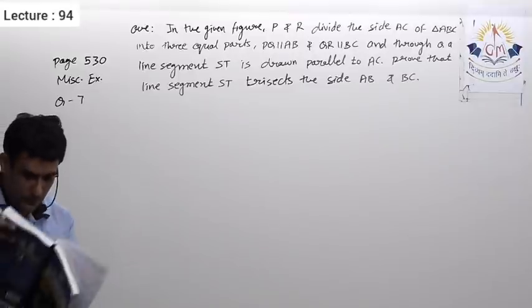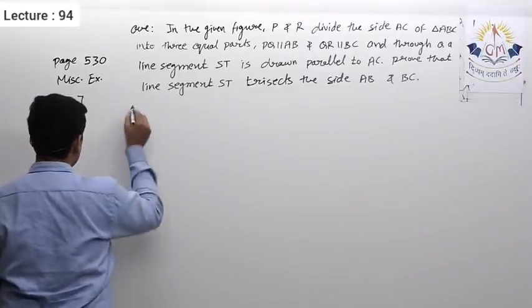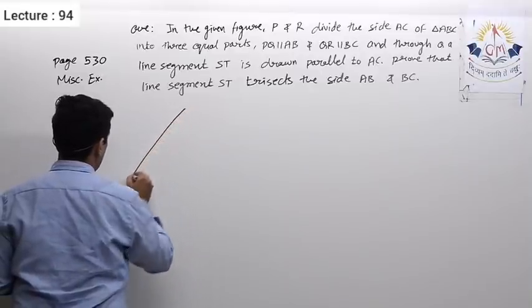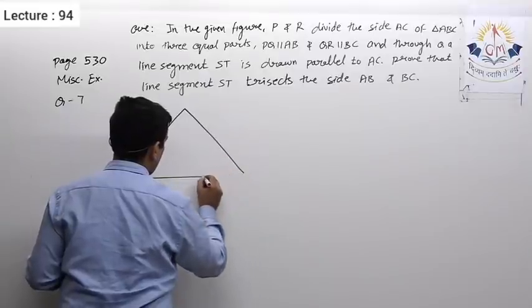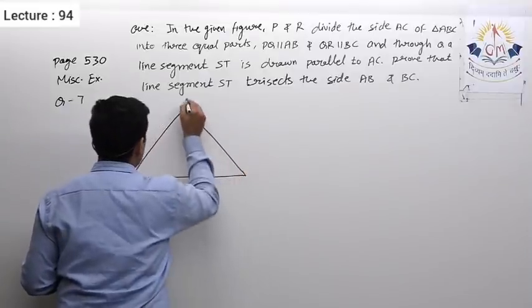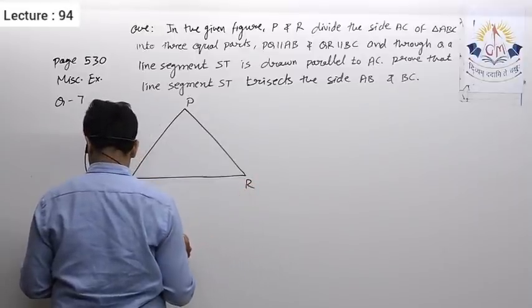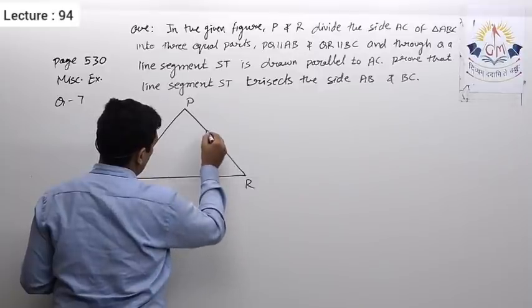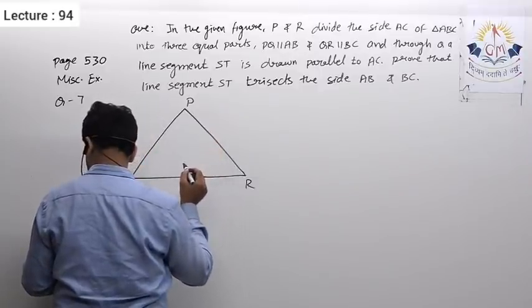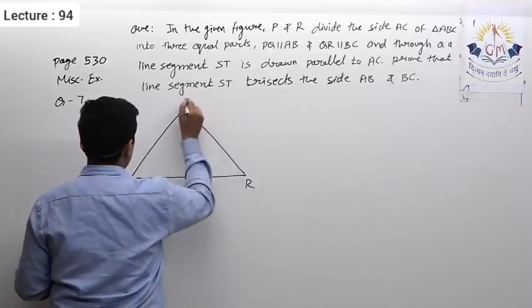Okay, the diagram is given. We have triangle ABC, not PQR.